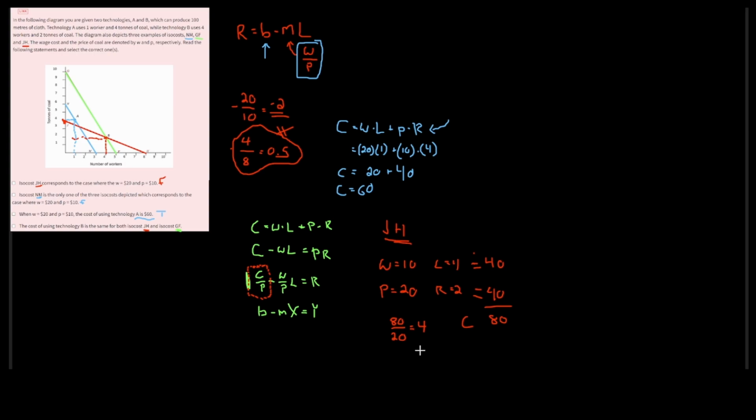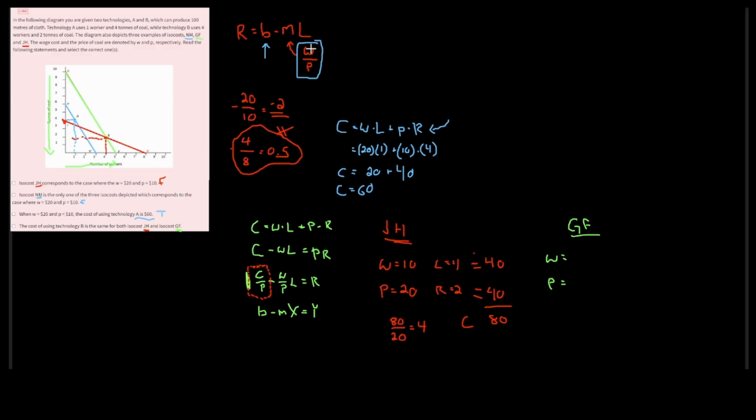Well, let's see if we can do the same thing for GF. And GF is in green, so let's go work through that. Okay, so similarly what we want to do, wage and price, let's take a look. In this case, GF, well, we have a slope of, we are losing 10 in order to gain 5.